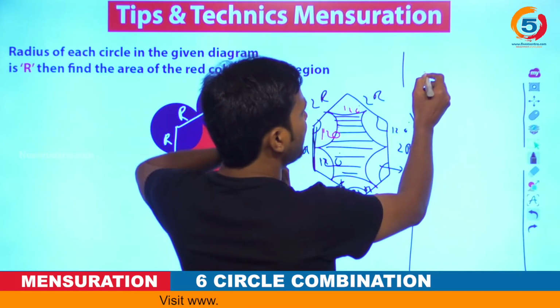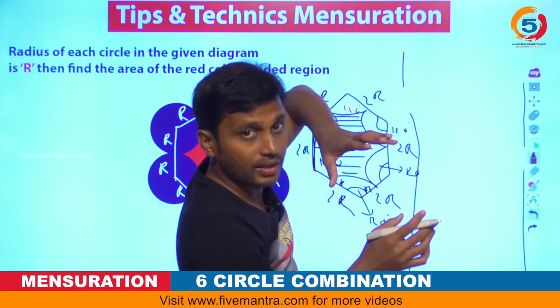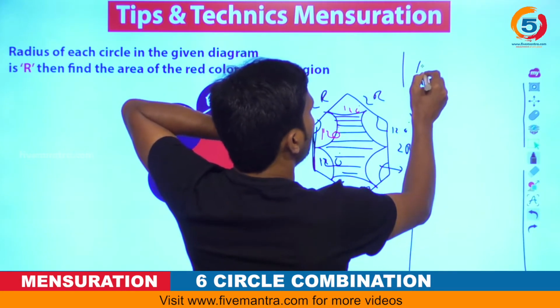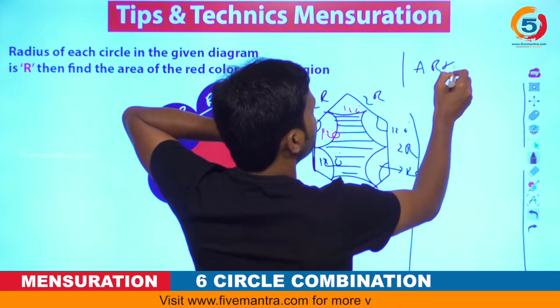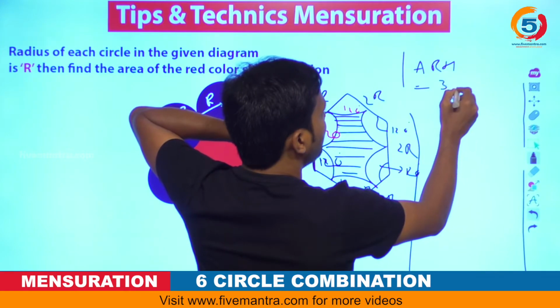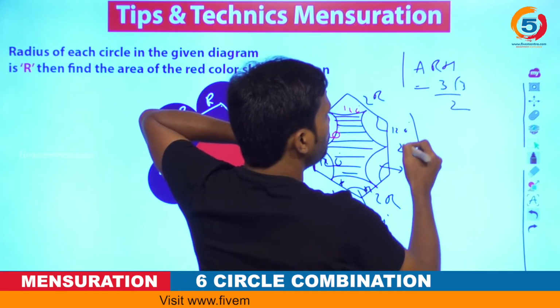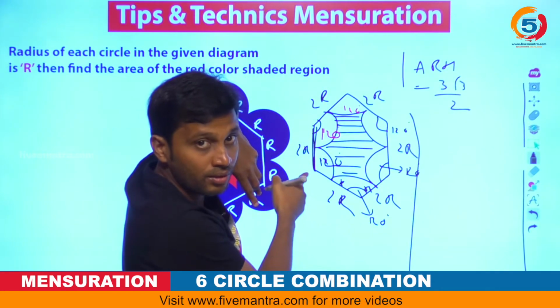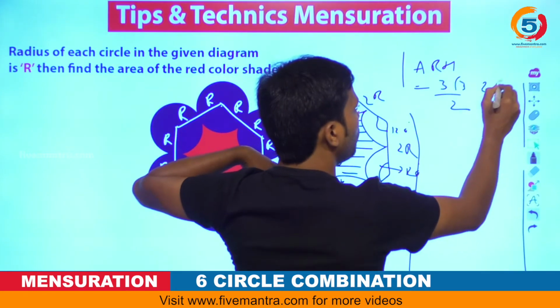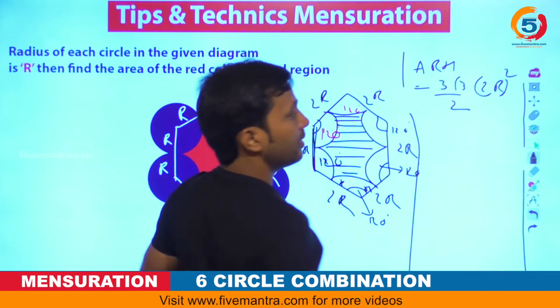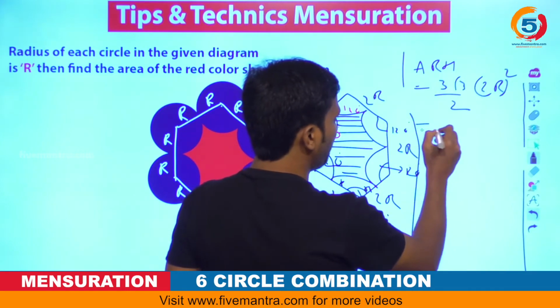First, let us find the area of the regular hexagon. It is 3 root 3 by 2. Here A is 2R only, no? So 2R whole square. Right?